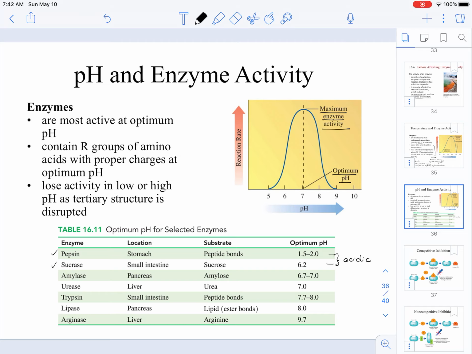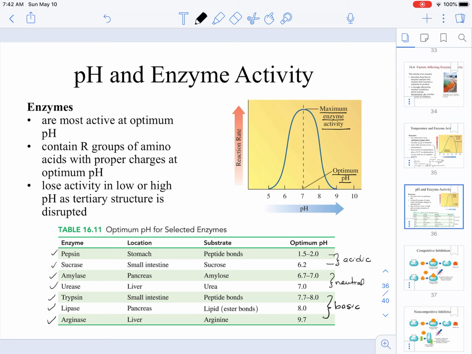We also have enzymes that are close to neutral pH, and that's going to be amylase and urease. And we even have enzymes that can work under basic pH. Examples of that are trypsin, lipase, and arginase.